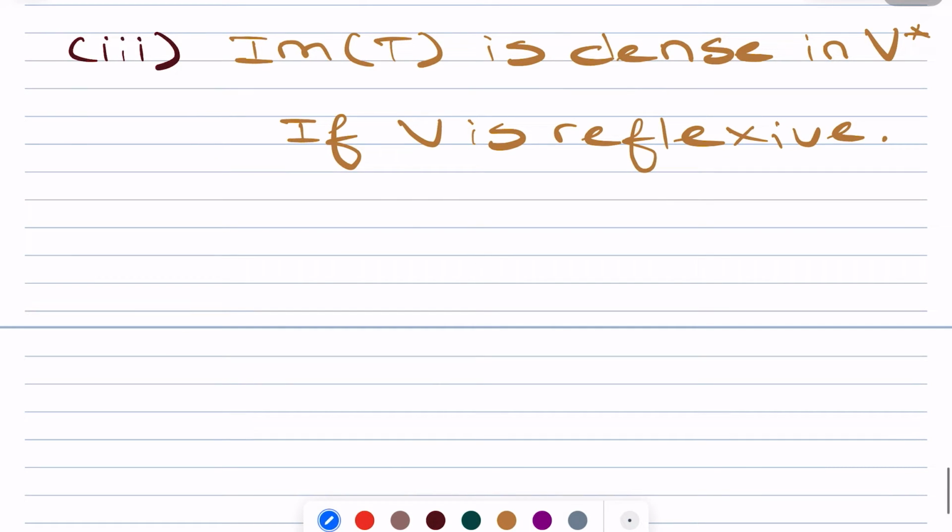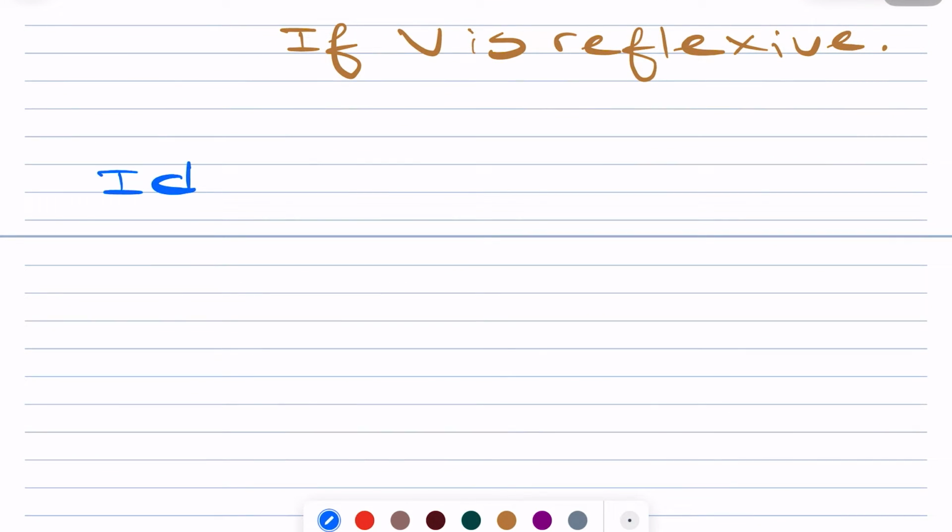So, we saw that the Riesz-Fréchet Representation Theorem allows us to identify a Hilbert space with its dual space.